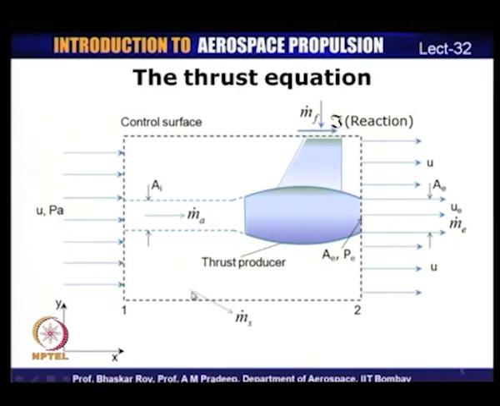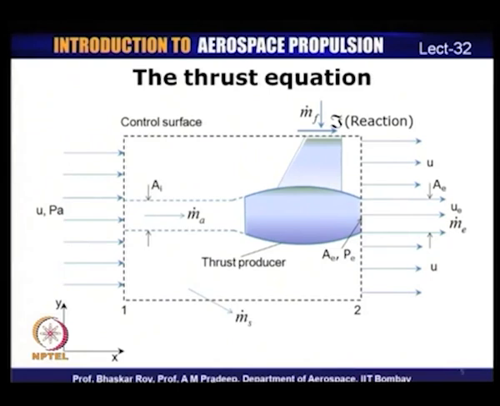And let us say there is some amount of mass flow rate which escapes the control surface because of the presence of this obstacle, which we denote by m dot S. And what is shown here is denoted by a symbol, capital tau, and this is the reaction to the thrust which is generated by the engine.